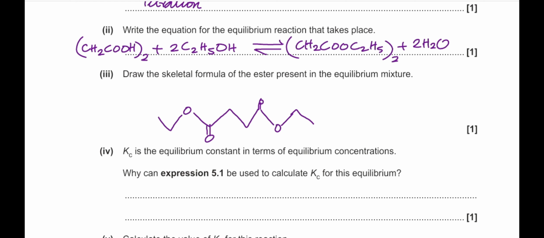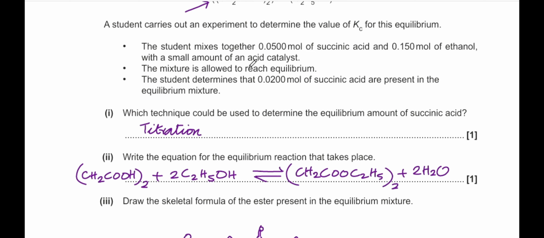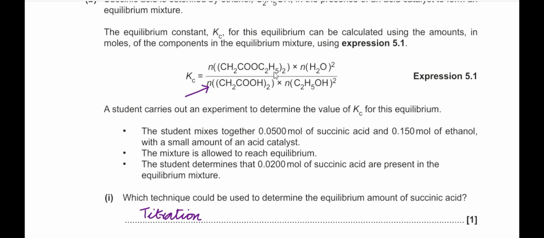Part 4. Kc is the equilibrium constant in terms of equilibrium concentrations. Why can expression 5.1 be used to calculate Kc for this equilibrium? So the question is focusing on why we are writing the Kc expression in moles instead of concentrations. Since number of moles divided by volume is equal to concentration, you can see that in each of these terms the volume as the denominator will cancel out.